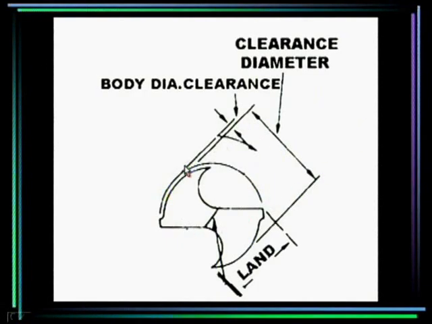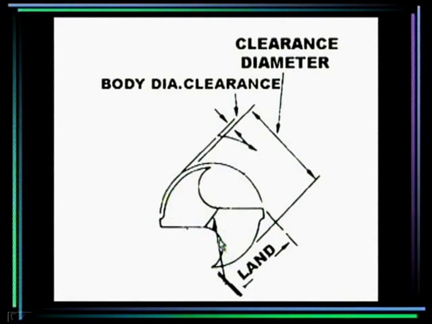Now this figure shows the cross section of the actual drill bit. In the cross section, this is the actual lip that is formed. There are two lips. So this is the actual diameter, and this is the cutting edge, and in order that it is given a relief or clearance, it is given as the body clearance diameter. So the clearance is there for the two lips or the two cutting edges.